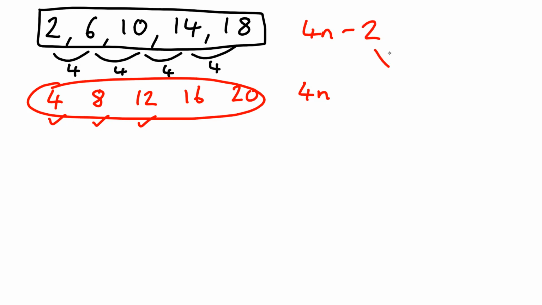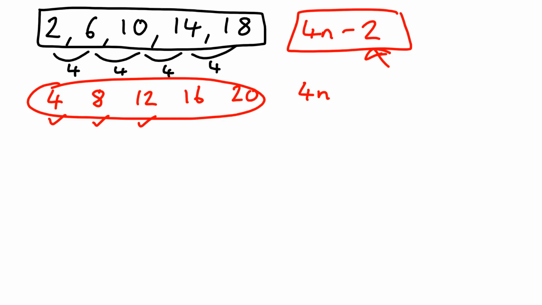I call this number the adjustment. So the adjustment here is take away 2 from the 4 times table to give the sequence that we're looking for. That is how we get the formula for the nth term when numbers are going up in equal steps.